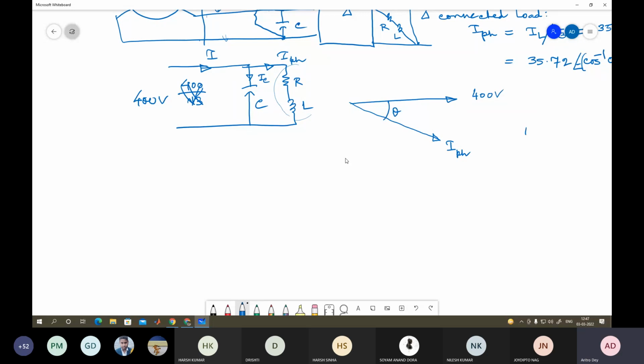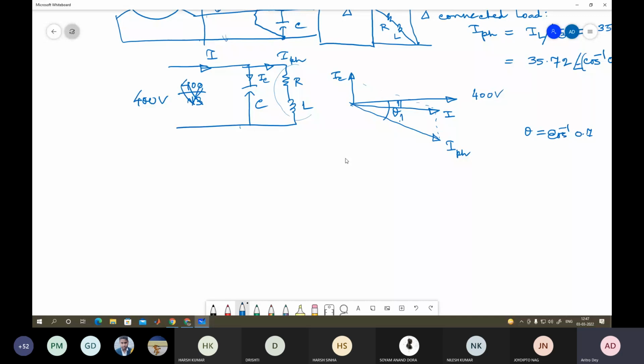This angle is equal to, sorry, cos inverse 0.7. And now you want to use a capacitor in parallel. So this is your IC, which will be 90-degree leading your 400. So you have now IC plus I phase. So if you do this phasor sum, this is now your new I, and that is the new PF.